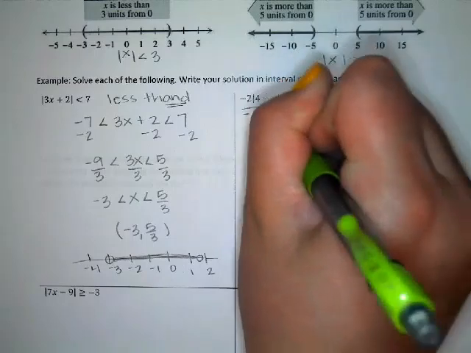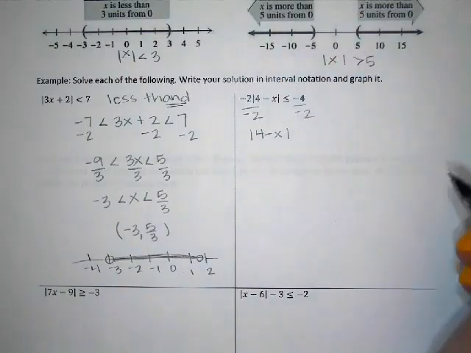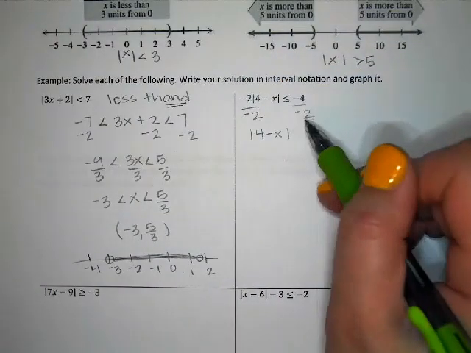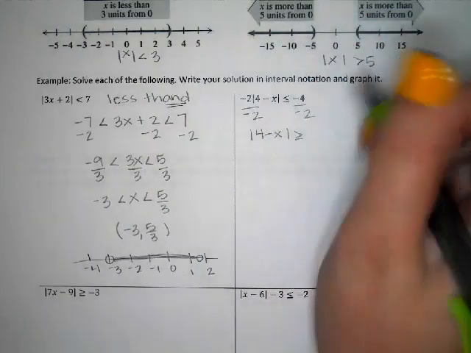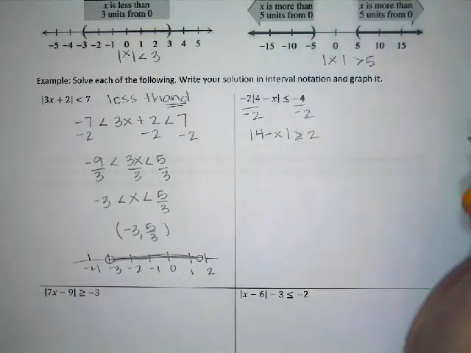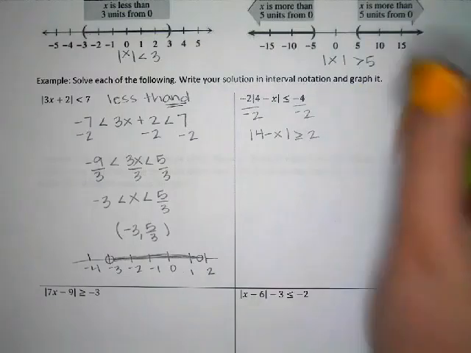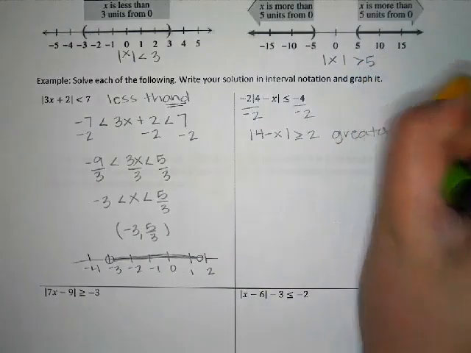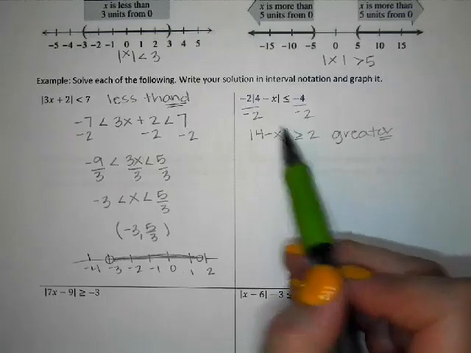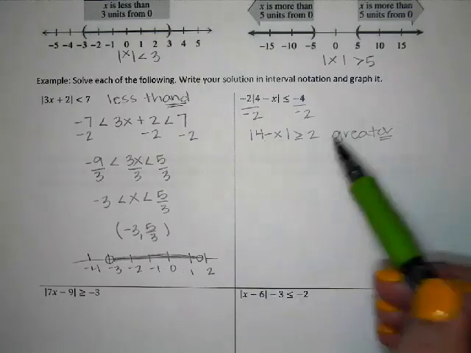I have 4 minus x in the absolute value sign. I divided by a negative, so I'm going to flip my symbol around. Negative 4 divided by negative 2 is positive 2. And then when I look at this symbol, this is a greater problem. So it's going to be my unknown number, and I'm going to have an or.